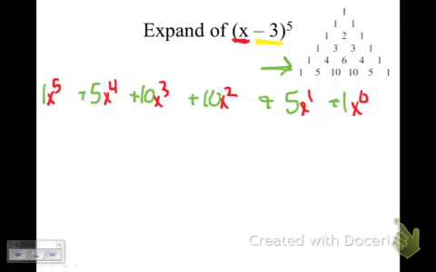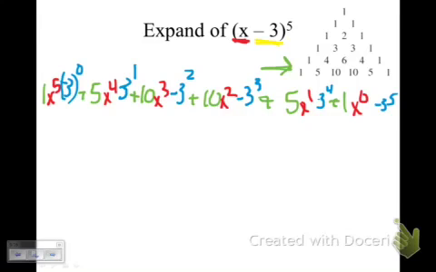So I've got negative 3 raised to the 0. Then I go negative 3 raised to the first. Negative 3 squared. Negative 3 cubed. Then I go negative 3 to the fourth and negative 3 to the fifth.